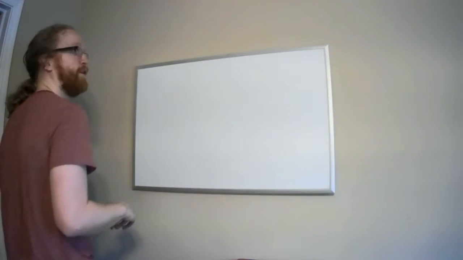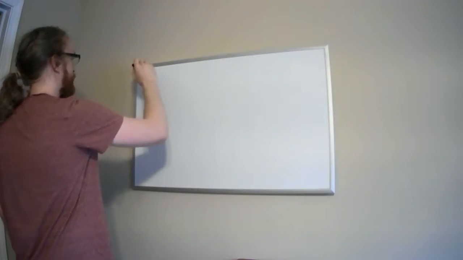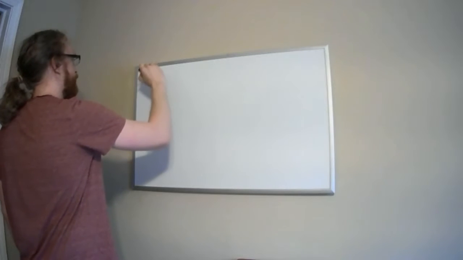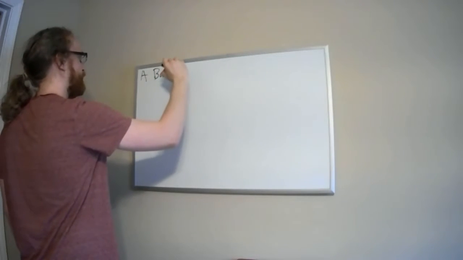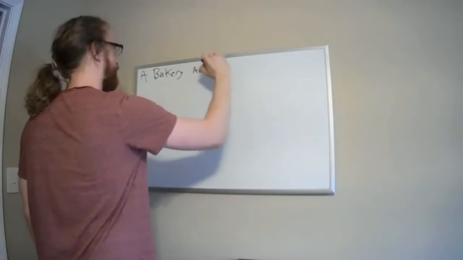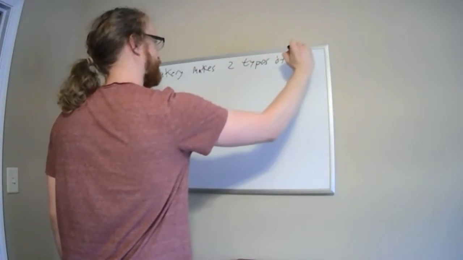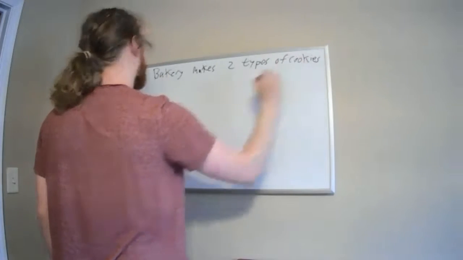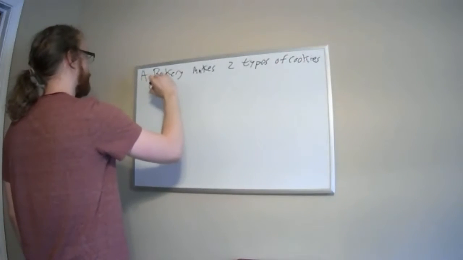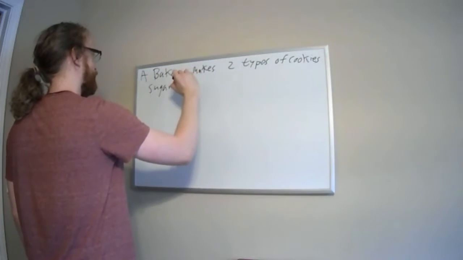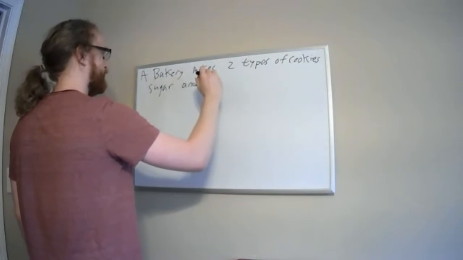So let's say we have the following. I have a bakery that makes 2 types of cookies, let's say. So we have 2 types of cookies. And they'll be sugar cookies and, I guess, chocolate chip.